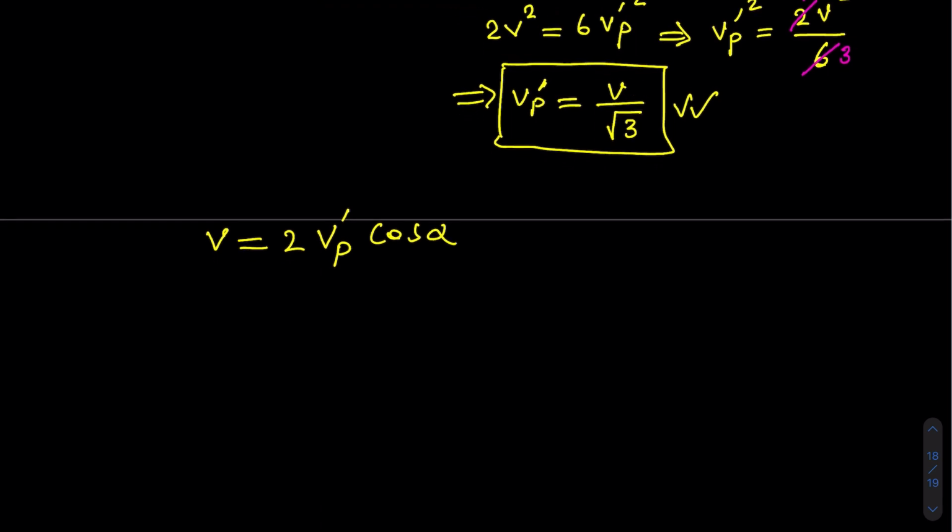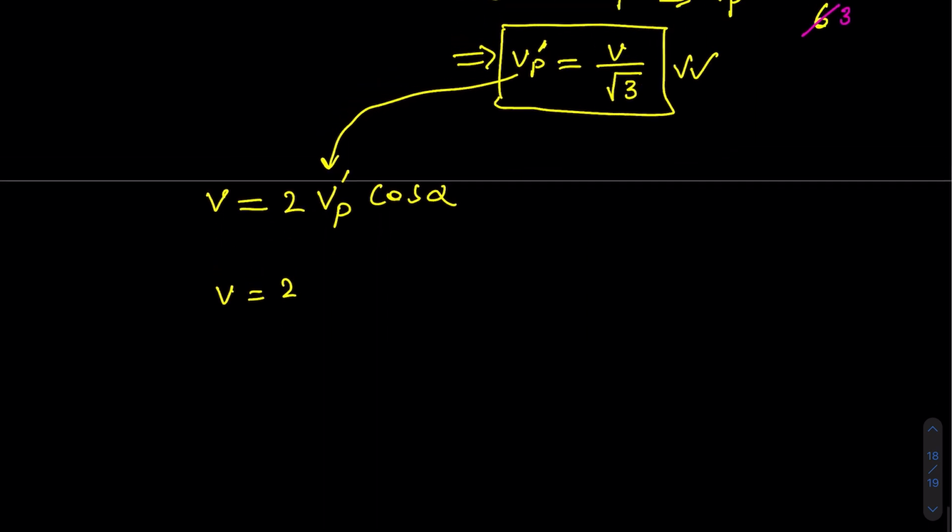All right, so let me substitute the value of Vp prime here, and I will get V is equal to 2 times, instead of Vp prime, I will write V over square root of 3 cosine alpha. Okay, right, so now we are getting closer and closer. We can simplify these velocities together. They will cancel out, and then cosine alpha will be equal to square root of 3 over 2, right?